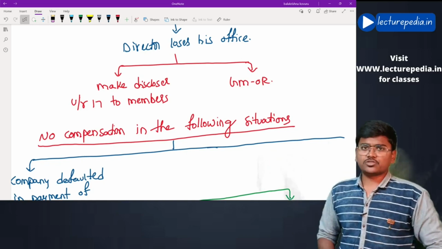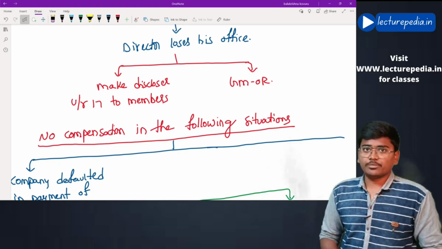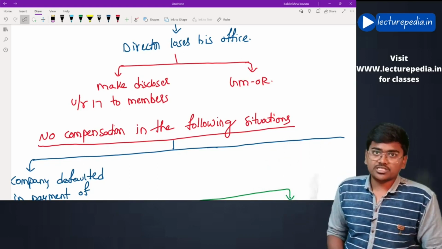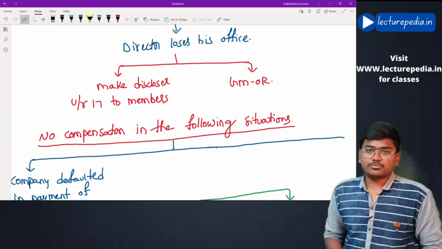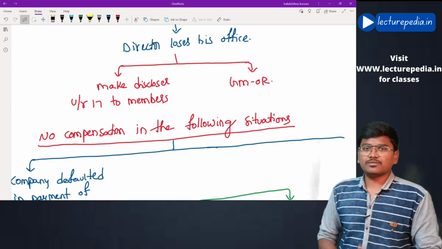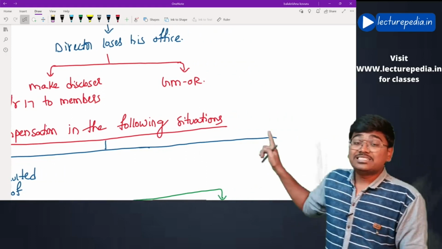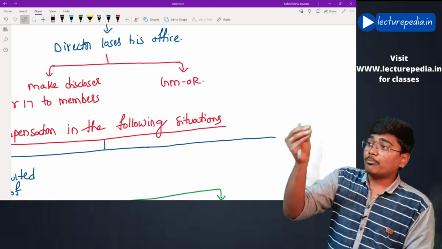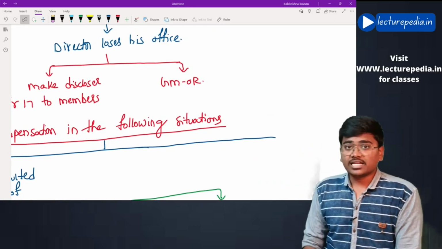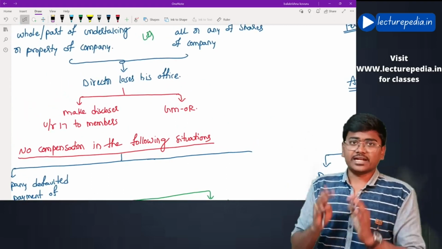The disclosures would be to whom the compensation is being made, on what basis, and how much compensation is being made. Those types of disclosures listed under Rule 17 must be made, and along with that, a general meeting ordinary resolution, that means approval of shareholders, has to be taken for giving compensation to the directors in case of loss of office.